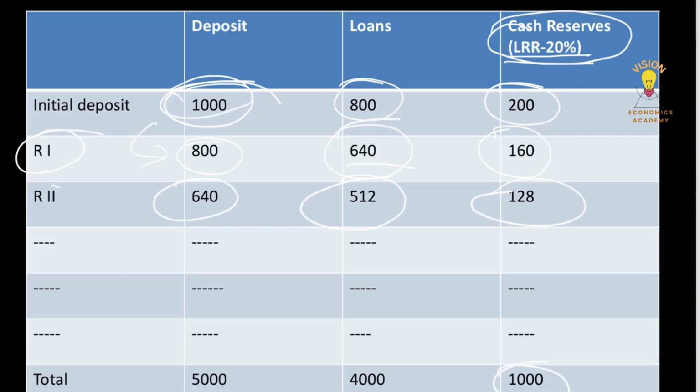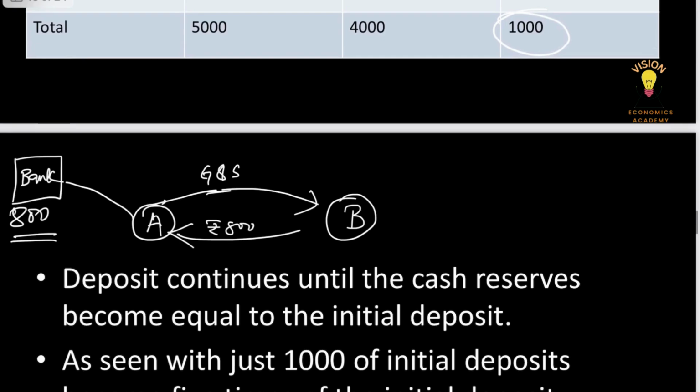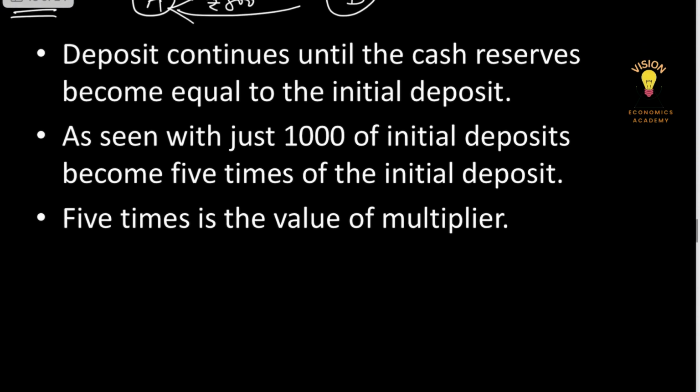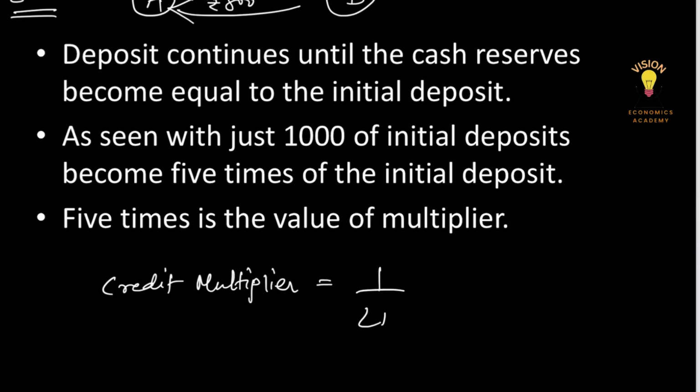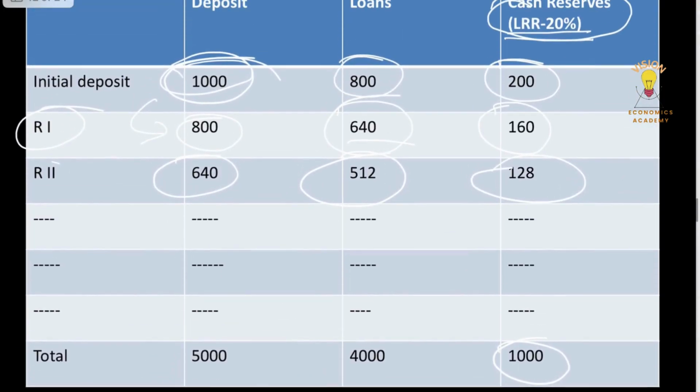And as we know the LRR is 20%, so the credit multiplier or money multiplier is 1 by LRR, which is 1 by 20%, which will give us 5. So the multiplier value is 5. That means the initial deposit increases up to 5 times.